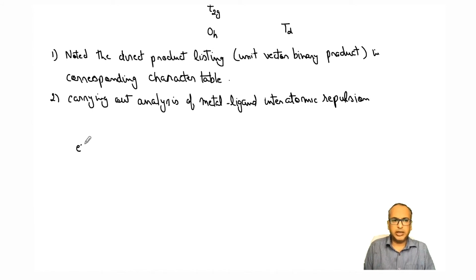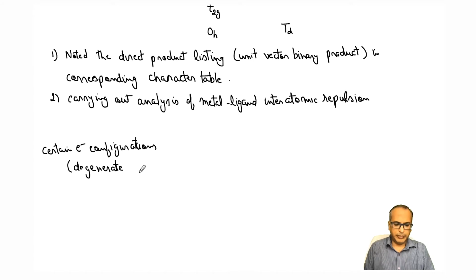So certain electronic configurations which are degenerate in nature, electronic states, they can undergo distortion. What do you mean by distortion? Distortion means change in geometry or change in shape, right?